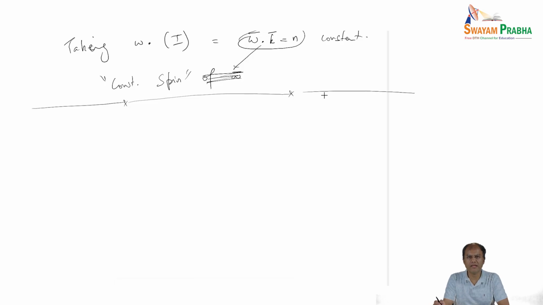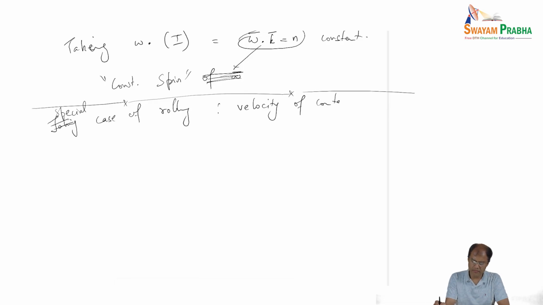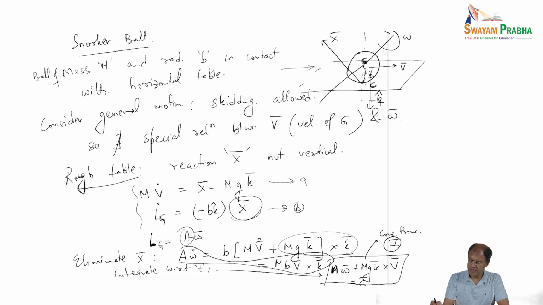Suppose we have the special case of rolling, that is there is no velocity at the contact point C. So then what happens? So we have the velocity of the contact particle C, where the velocity at the contact particle C is 0.